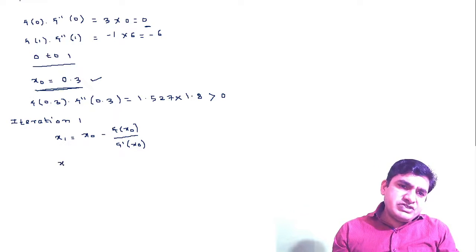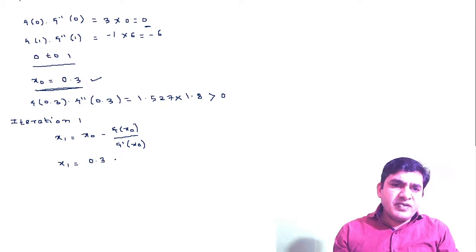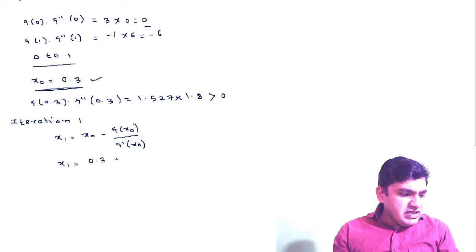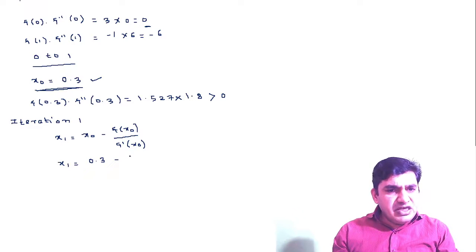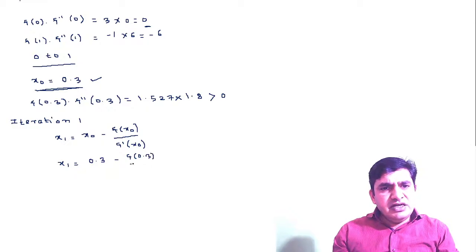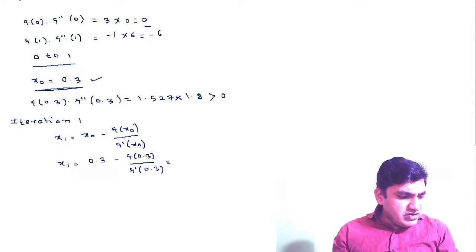So x1 is equal to, the value of x0 being 0.3, 0.3 minus f of 0.3 divided by f dash of 0.3.